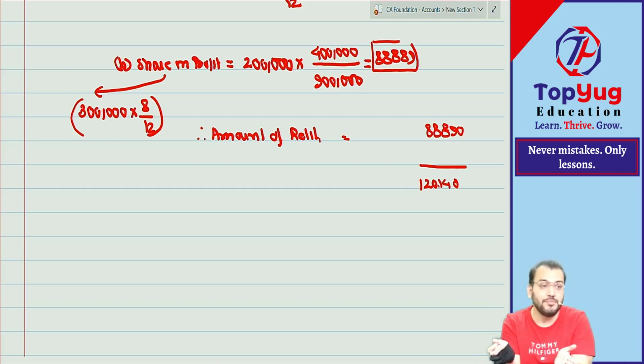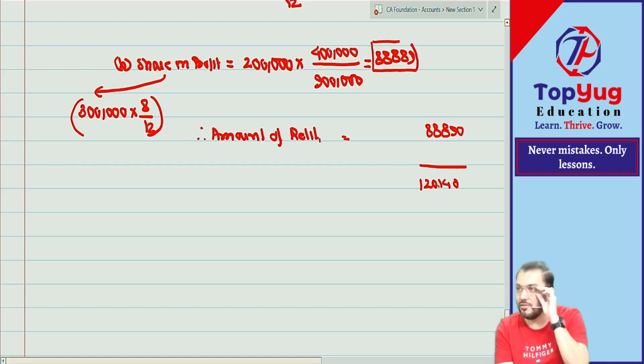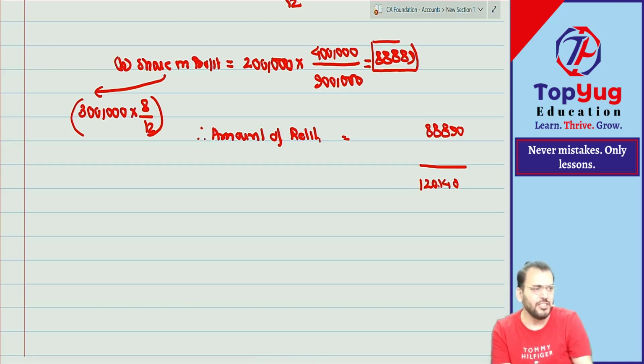In which ratio? In their profit sharing ratio. Are you able to understand? Have you understood this point? So in their profit sharing ratio, what profit sharing ratio have given? 1 is to 2. Okay.